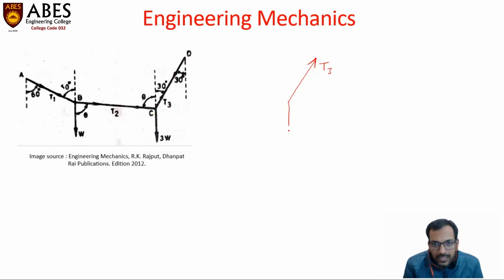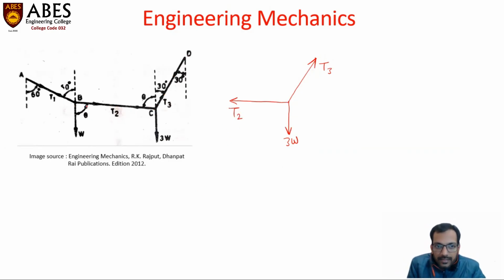The force which is acting vertically downward is 3W. And the force from point C in the direction of B is T2.